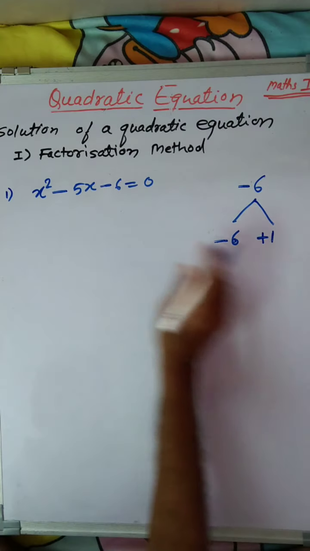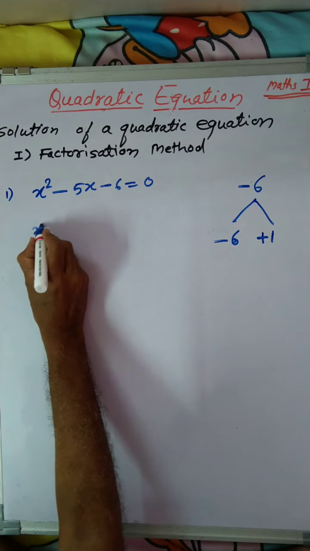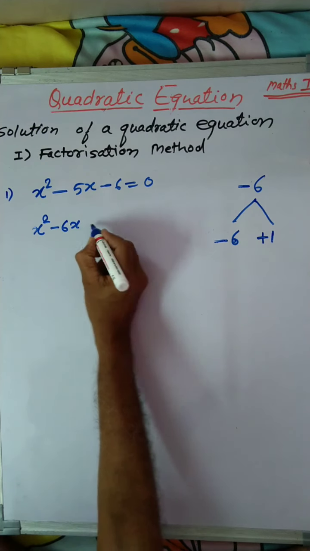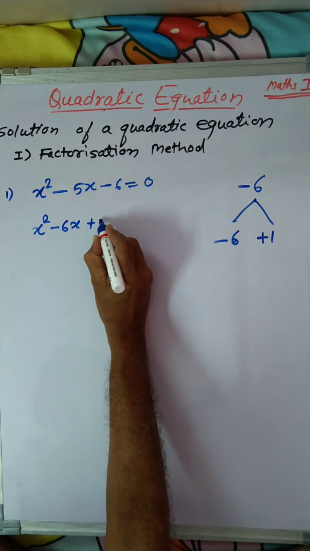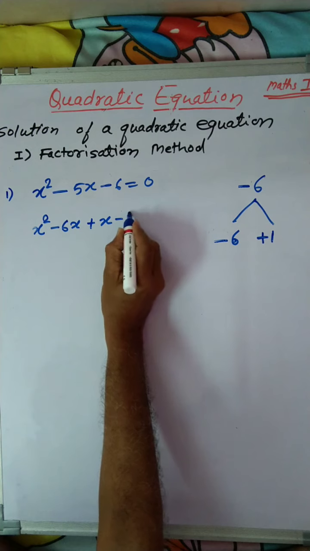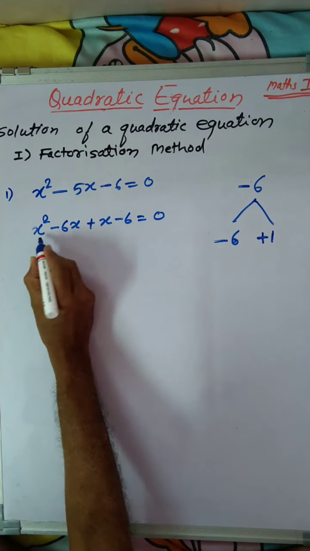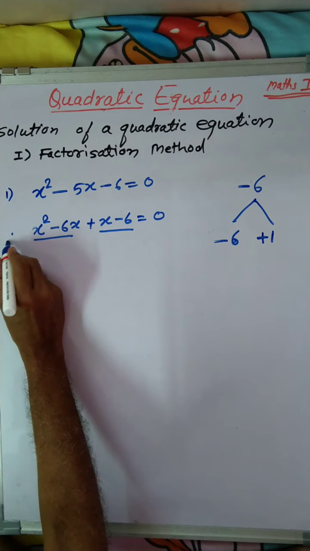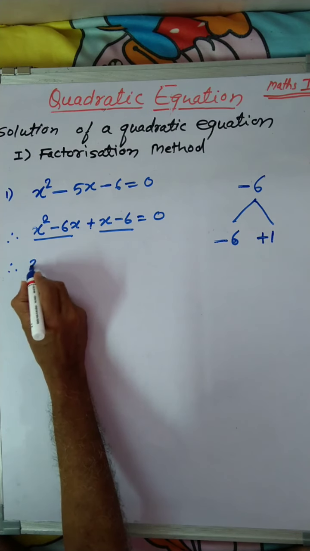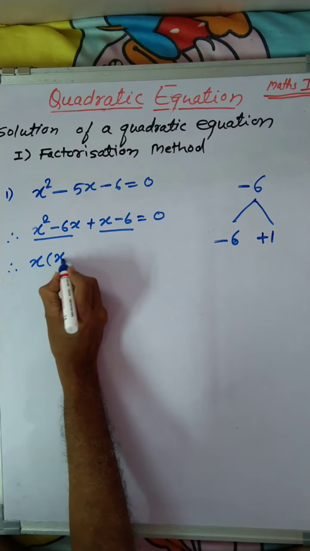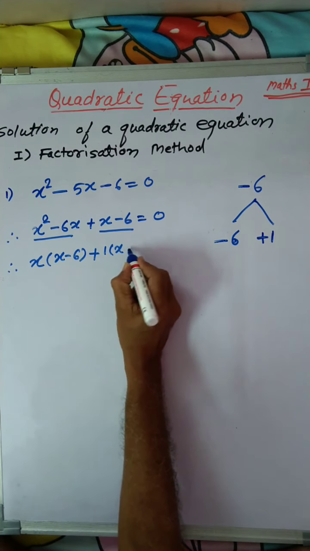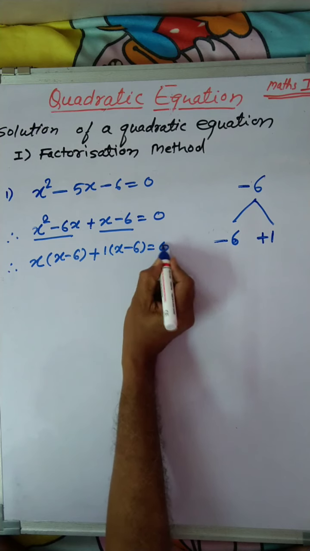Now split the middle term in this form: x square minus 6x plus 1x minus 6 is equal to 0. Now take two terms together and take common. Hence x gets common, x minus 6, plus 1 gets common, x minus 6 is equal to 0.